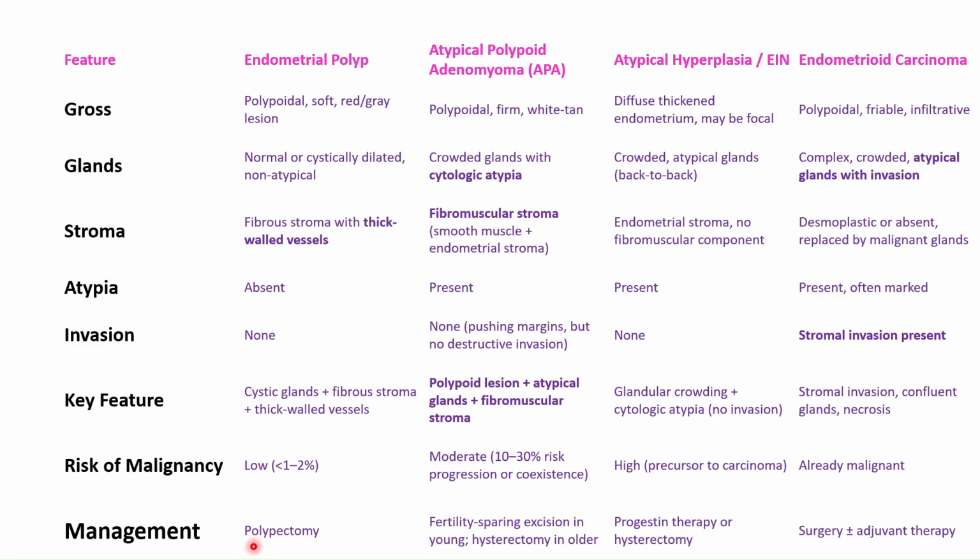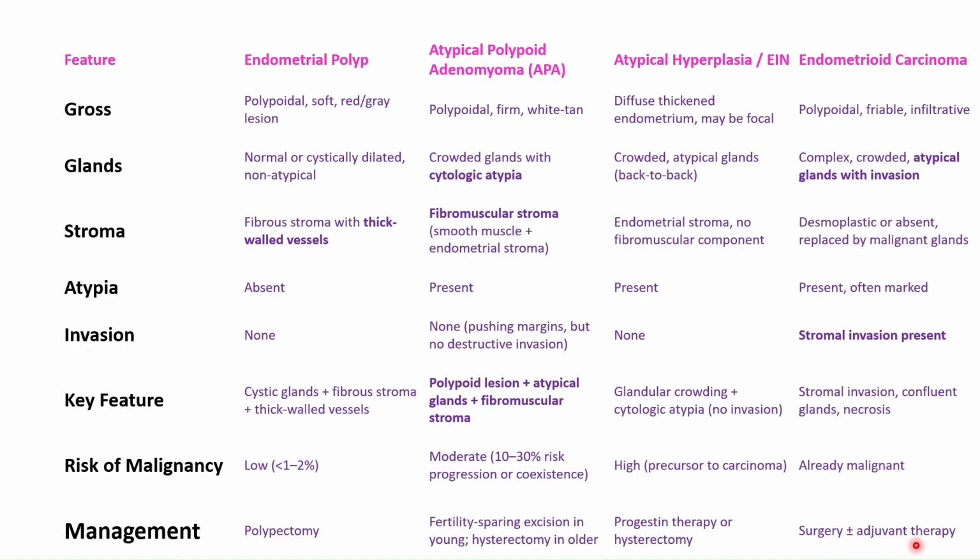Now management: polypectomy in benign polyp, but if it is APA, then hysterectomy in an older patient. If fertility sparing is required, then excision is common. For atypical hyperplasia, progestin therapy or hysterectomy, and in case of carcinoma, surgery with or without adjuvant therapy.